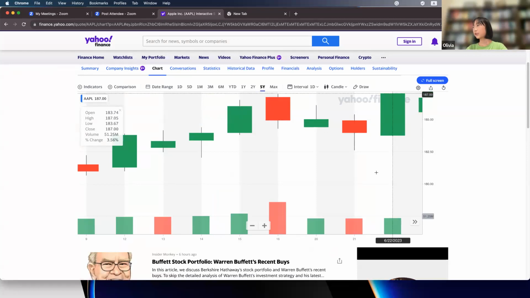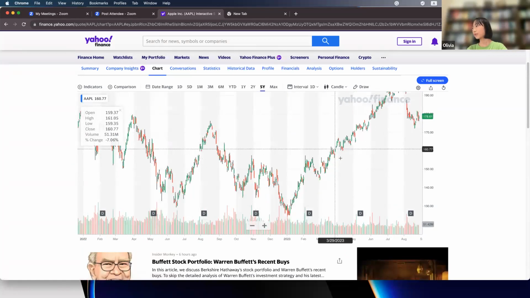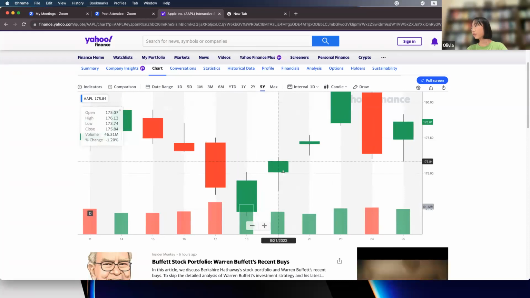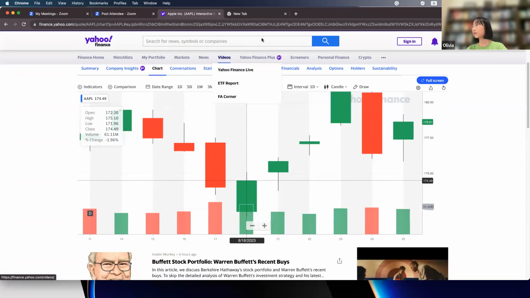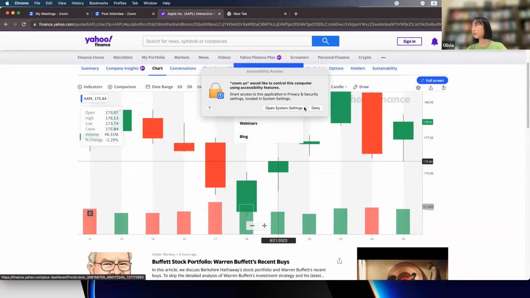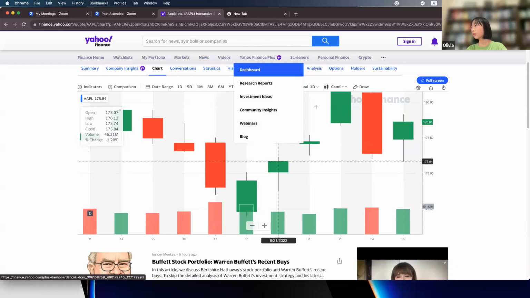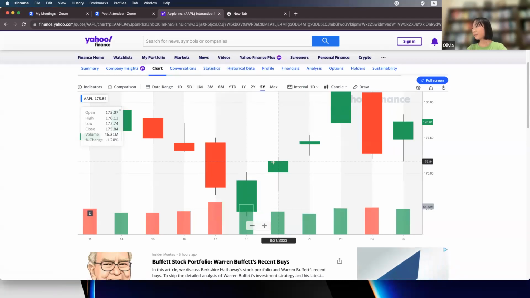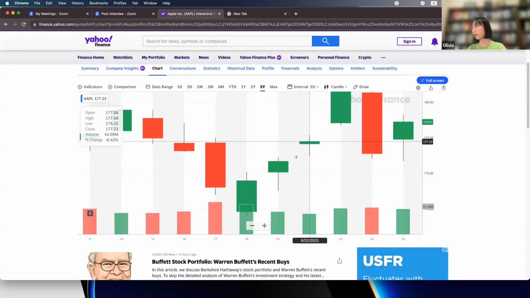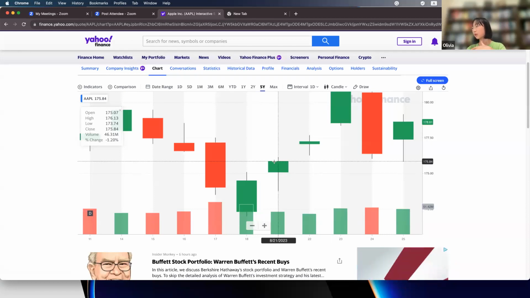So here's a chart of Apple. Here's a candlestick chart. An interval for a candlestick is 1 day. Right here, this is the opening price, and this is the closing price for the green candlestick, since it's a positive one and the market went up.